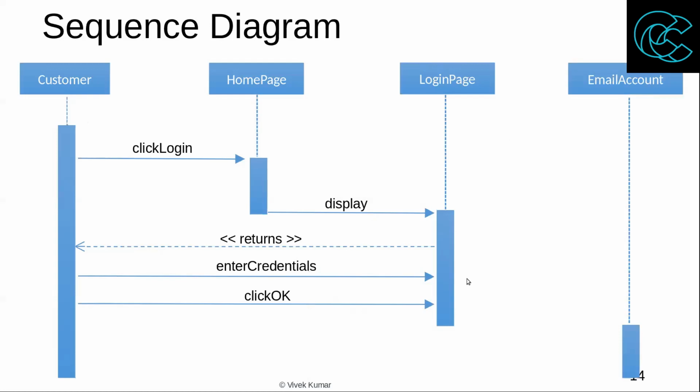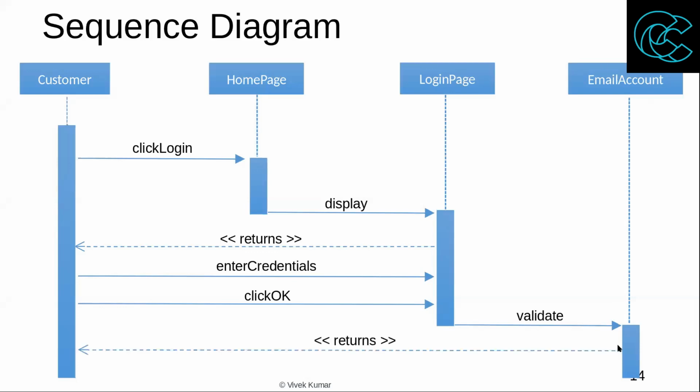And then the other class, which is the email account, comes into the picture. Once the customer has put in the credentials and clicked OK, the next step would be to validate those credentials. And in order to validate those credentials, the login page has to interact with the email account object, because the idea is that it would hold all the details related to the email account.